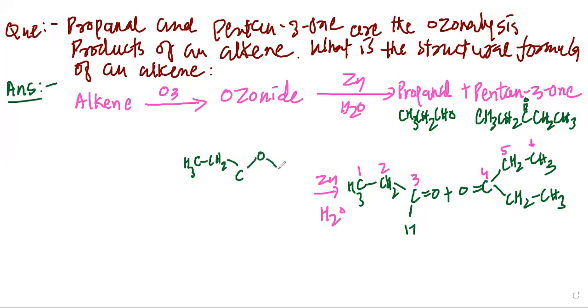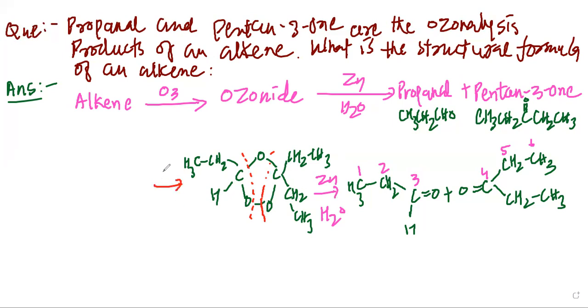This carbon undergoes reaction with ozone to form the ozonide, and on both sides we have CH2, CH3, and here we have H. This ozonide undergoes cleavage in this form to give us the products.